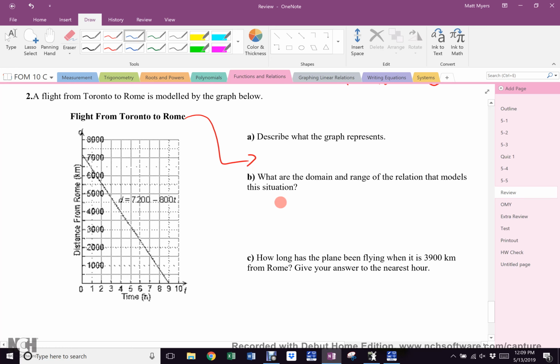Time. So the domain is what? 0 less than or equal to what goes here? Time, which is less than or equal to 9. How else could we write that? Square bracket, 0. Both of those would be acceptable. What's the range?